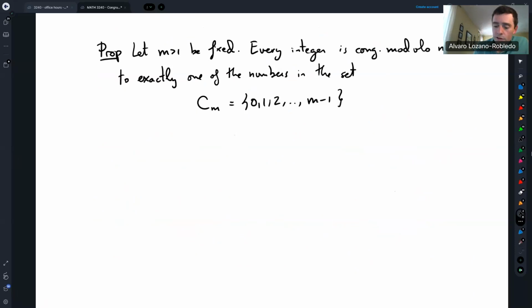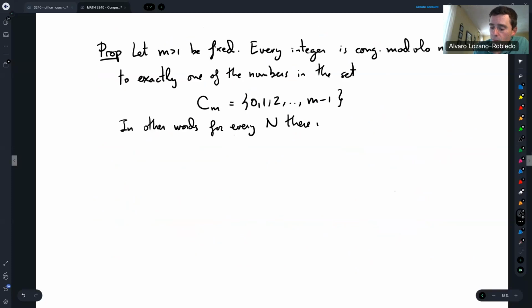In other words, for every n, there is some r in Cm such that n is congruent to r modulo m.